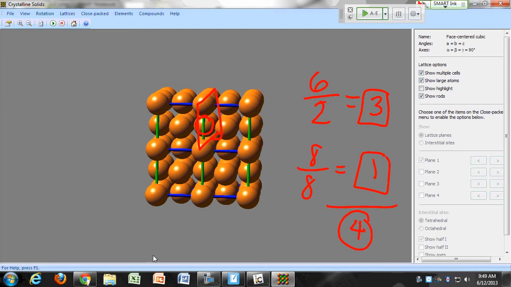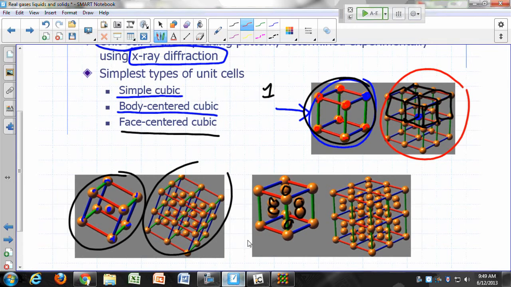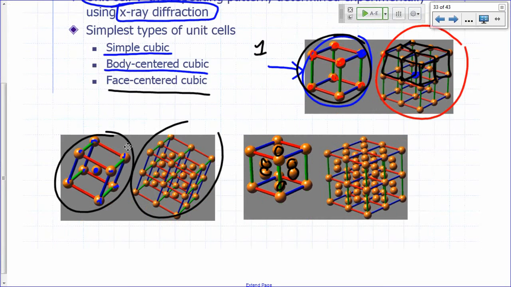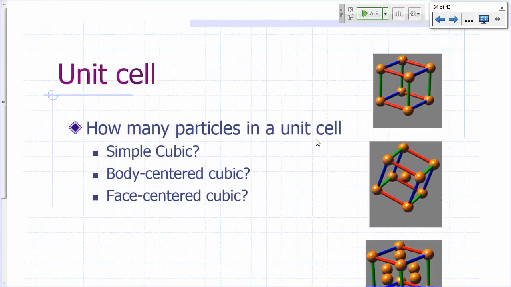Okay. So this is face-centered cubic. Does that one have one in the middle? No. The face center, there's one in the center of each face, but not one in the middle of the cube itself. So that's what you call a face-centered cubic crystalline structure.